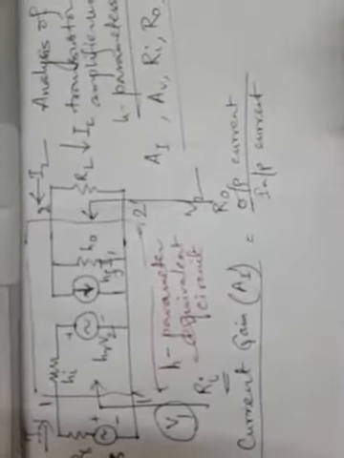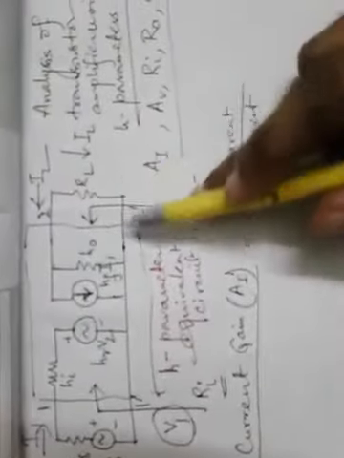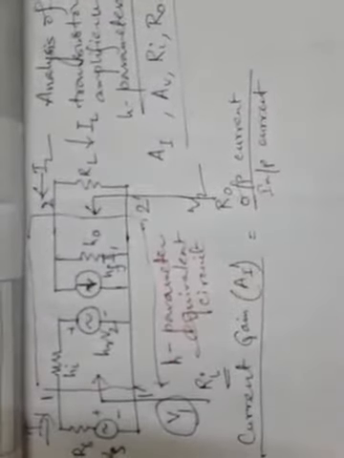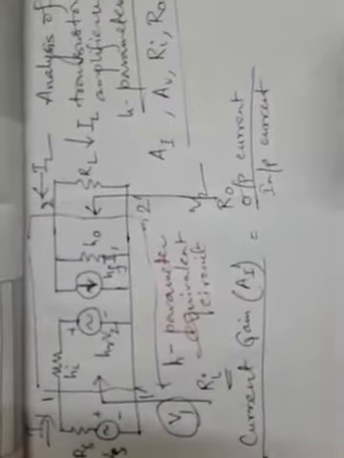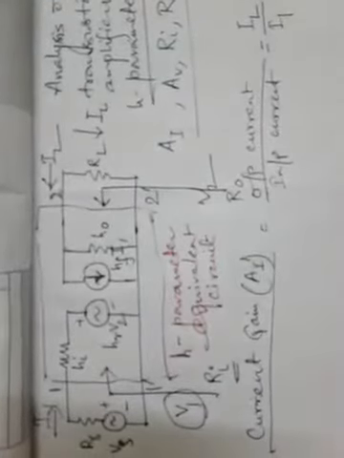So if the load current is IL and is assumed to flow through RL from the top end to the bottom end as given in this diagram, then we can write AI as the ratio of two currents. Output current is IL obviously, and input current is I1. So this is IL by I1.